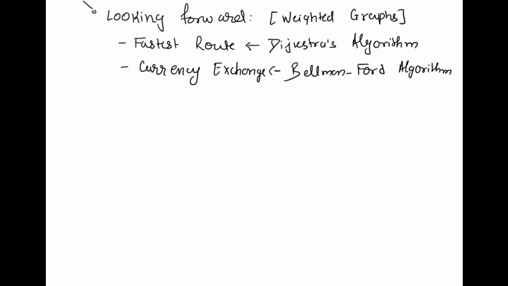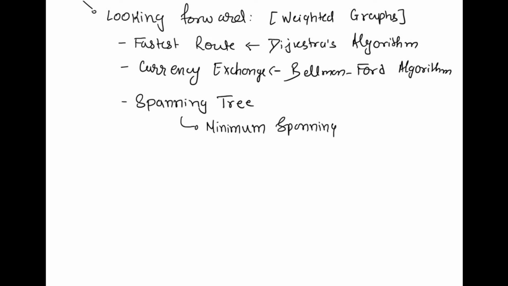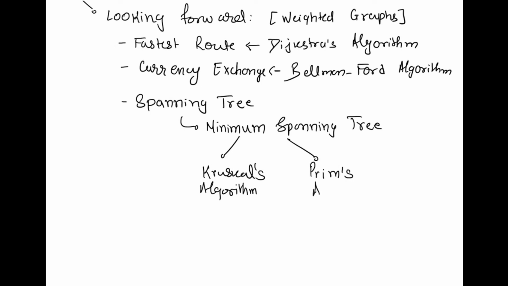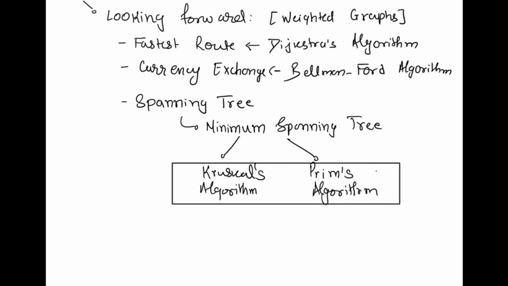Another popular application of weighted graphs is seen in spanning trees. The problem that is popular in spanning trees is the minimum spanning tree. The minimum spanning tree problem can be solved using two algorithms. One is Kruskal's algorithm, the other one is Prim's algorithm. Both of these algorithms are based on greedy, so these are greedy algorithms.